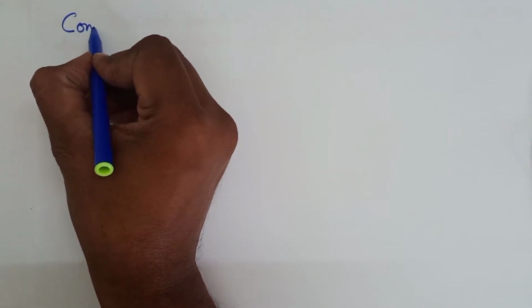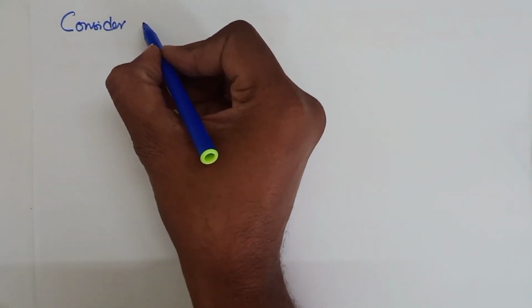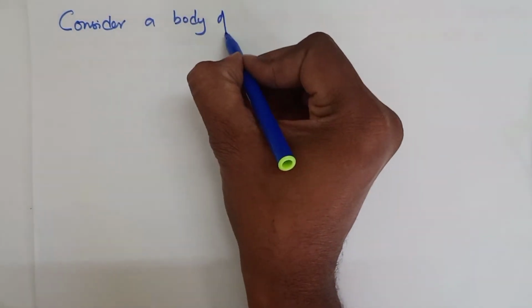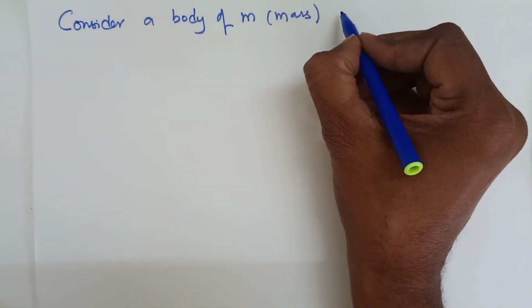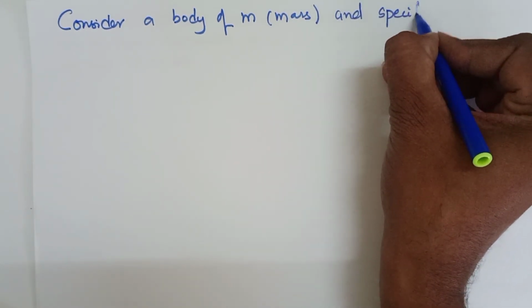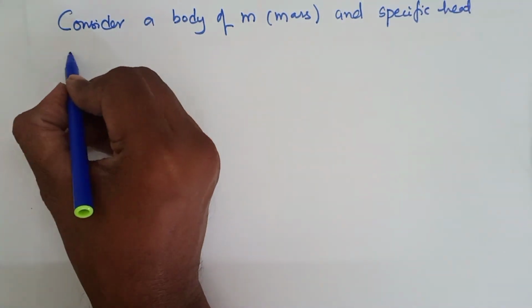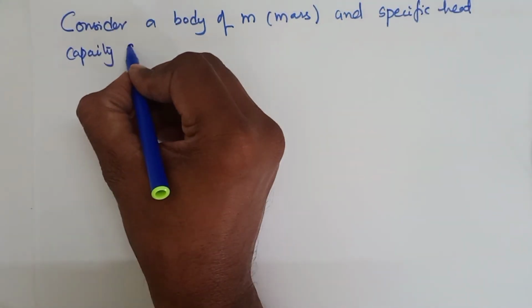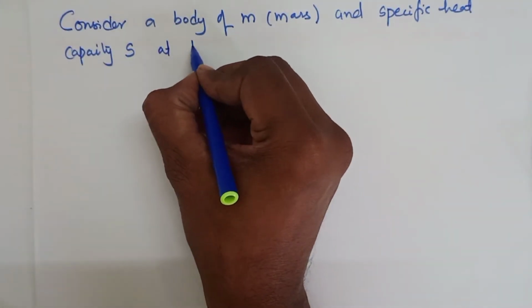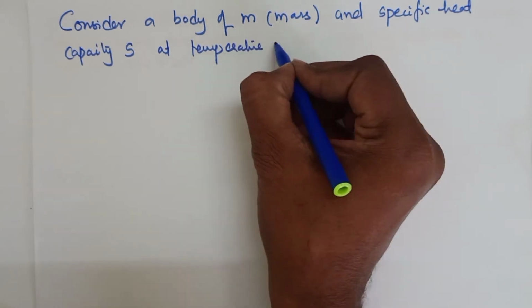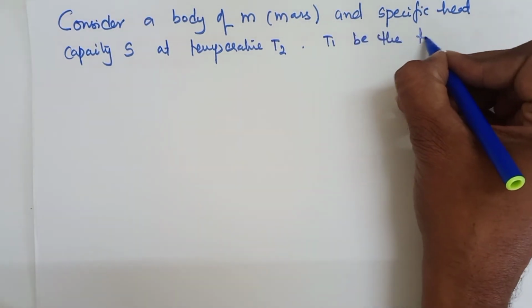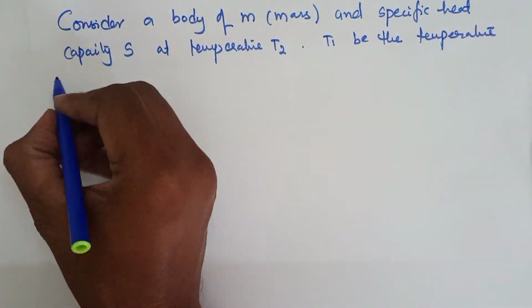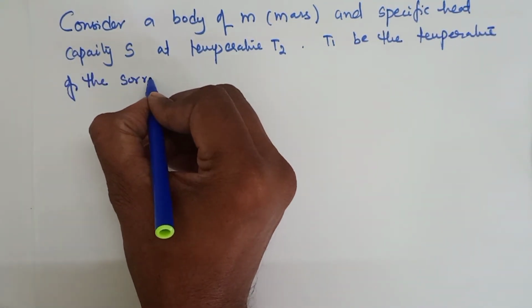Now, consider a body or a substance of mass m and specific heat capacity S at temperature, let us say, T2, and T1 be the temperature of the surroundings.